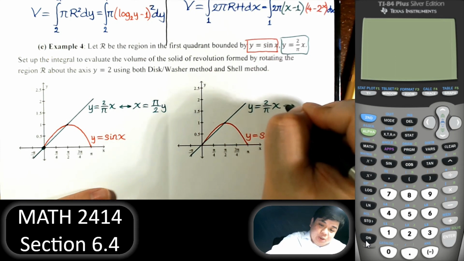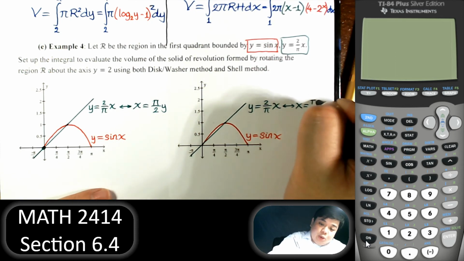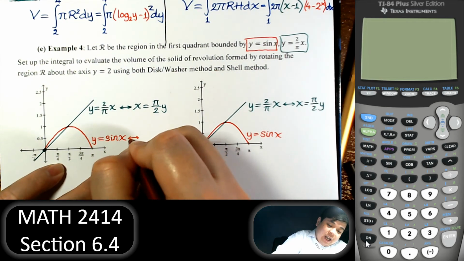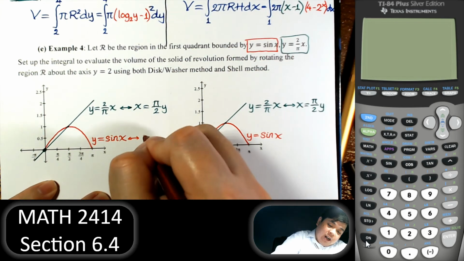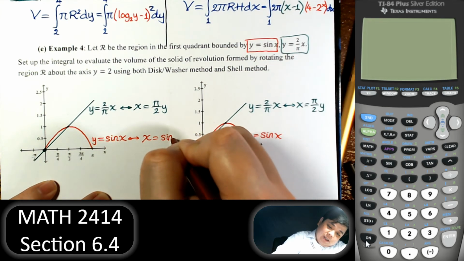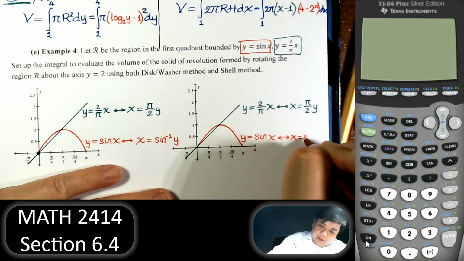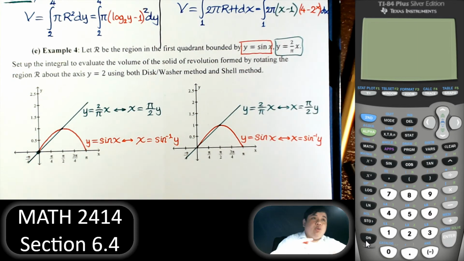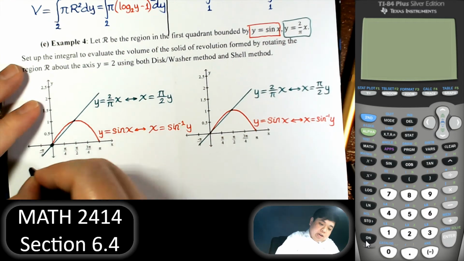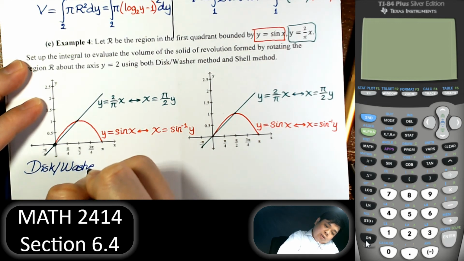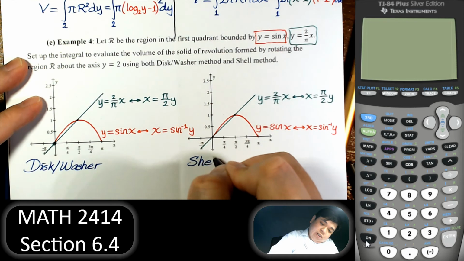We don't know which one we use yet, but we're just going to do both. y equal to sine x, and in that first quadrant, x equals sine inverse of y. So we're just going to write both. Don't know which one we use yet. Right, this and washer method. Let's say over here we use this and washer, and over here we use shell.